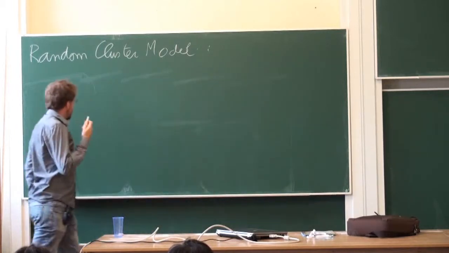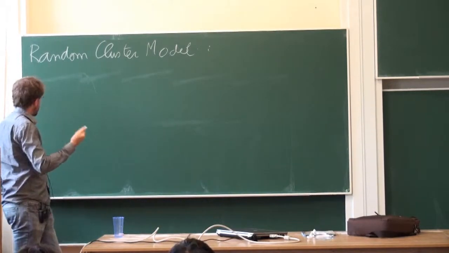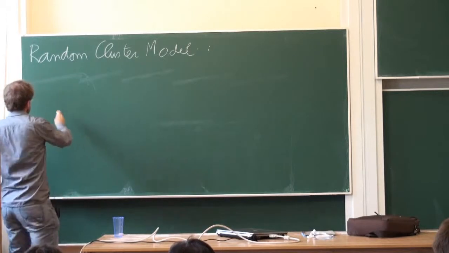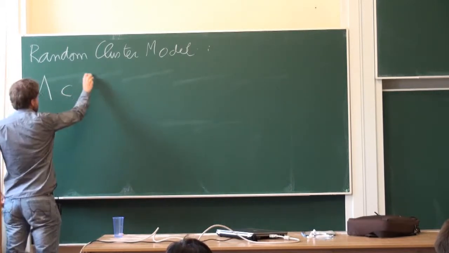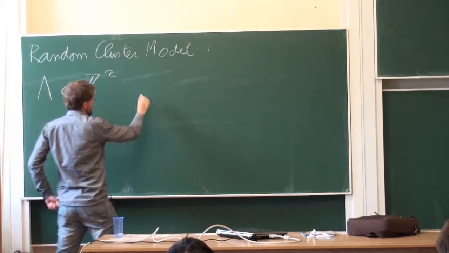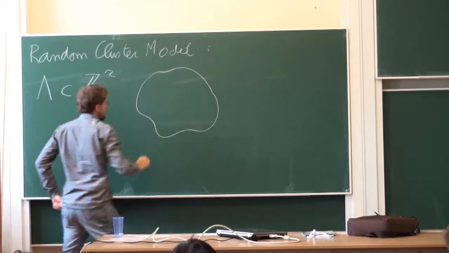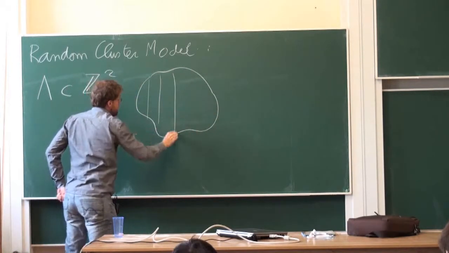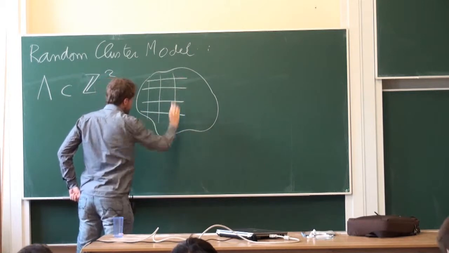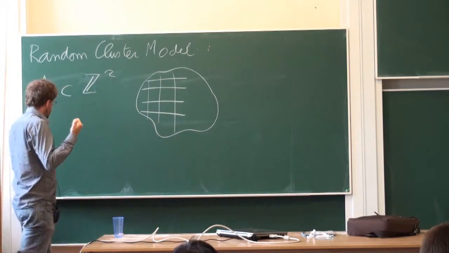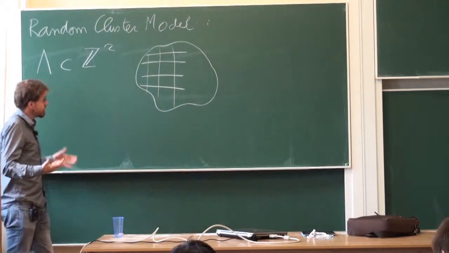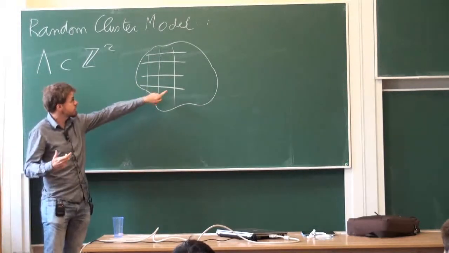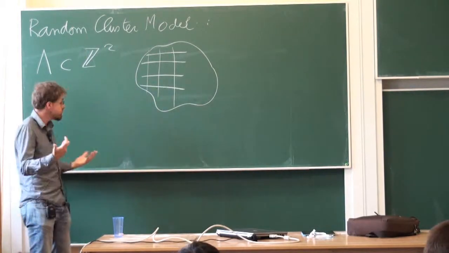So the model was defined in a general graph, but just to fix the ideas, we had a finite box contained in Z2. This is the intersection with the square lattice. A configuration is a subgraph: you declare each bond to be open or closed.